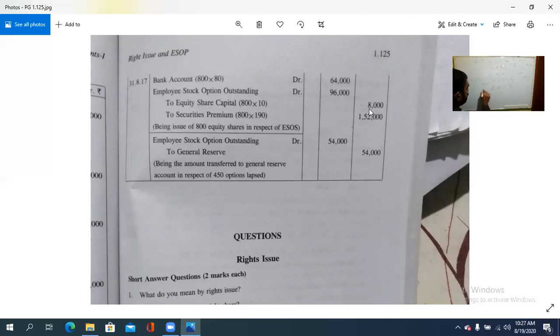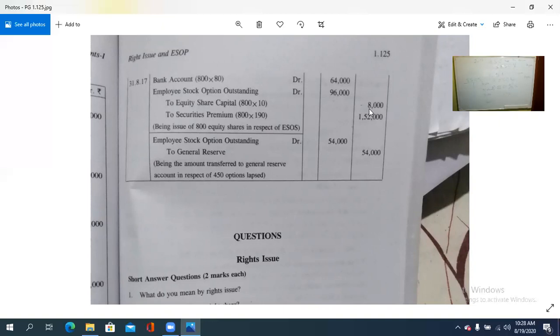So for 3 years the same amount, isn't it? 50,000, 50,000, 50,000, so 1,50,000. Then what is the entry? Employee stock options outstanding debtor to general reserve, the balance to be transferred.